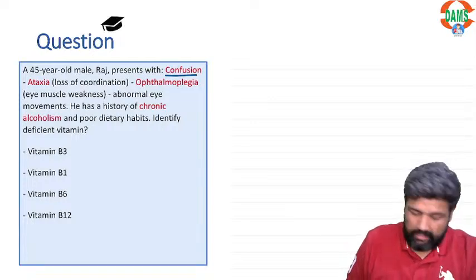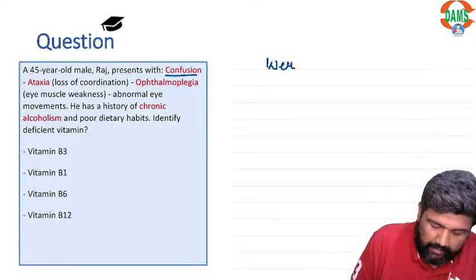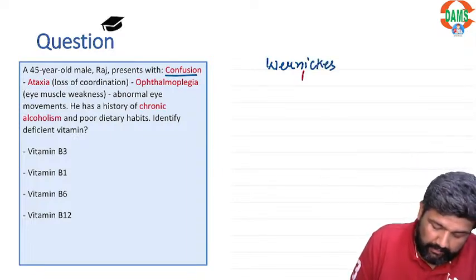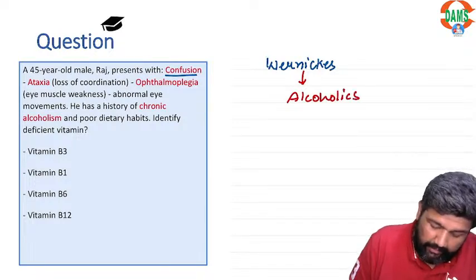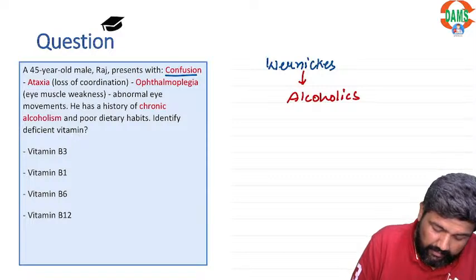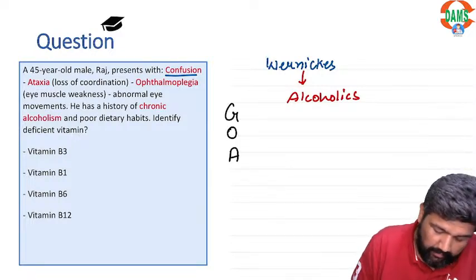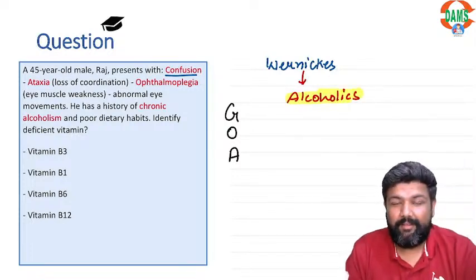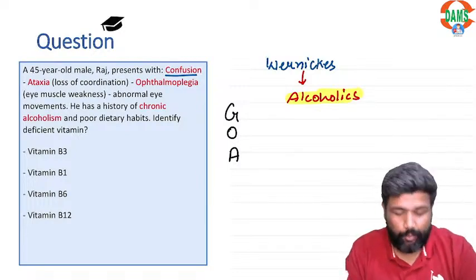Guys, this is Wernicke encephalopathy. This is seen in alcoholics, and there is one place in India where there is no deficiency of this thing. So the mnemonic here is Goa.